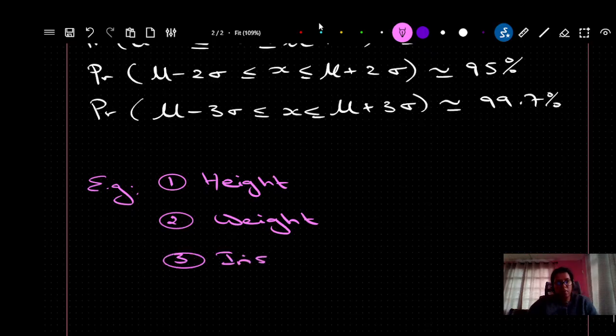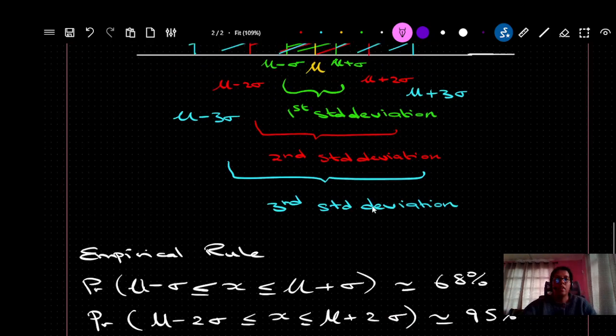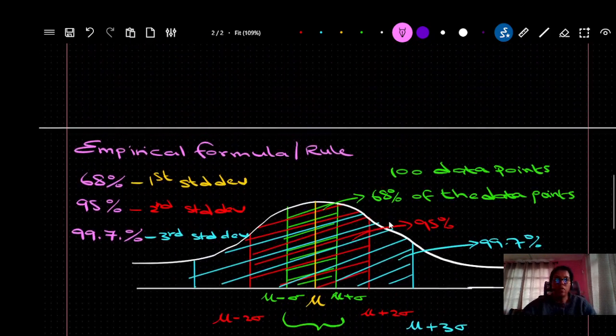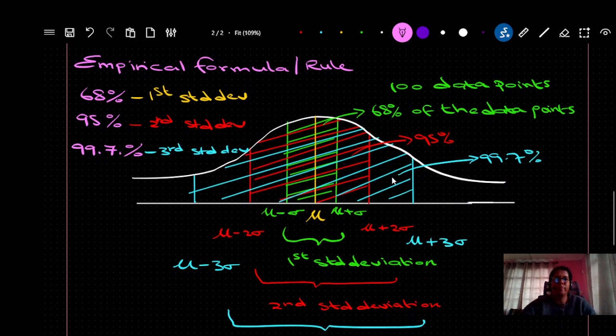This is very common: the sepal length, petal length. So I hope you got a clue, you understand a bit about the empirical formula, empirical rule, how data lies within this normal distribution, how you can view your data within this normal distribution.